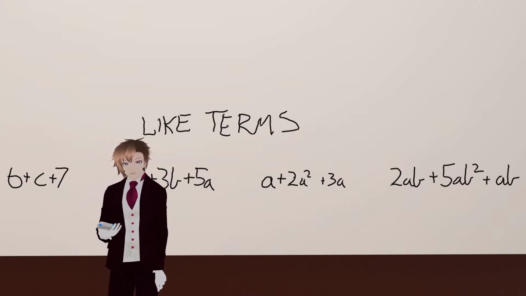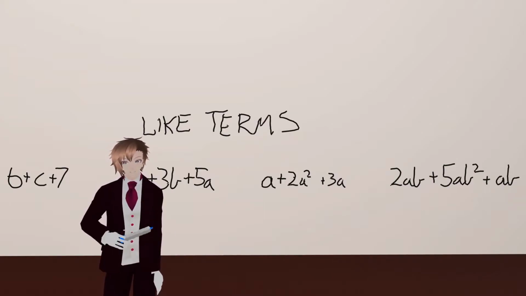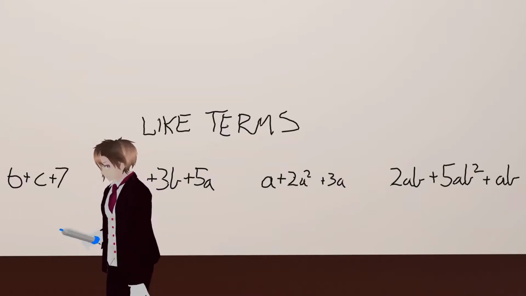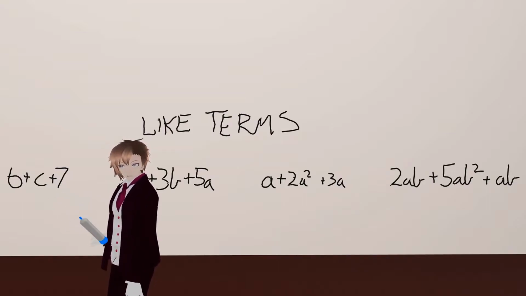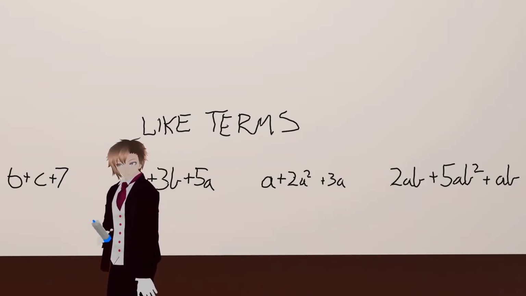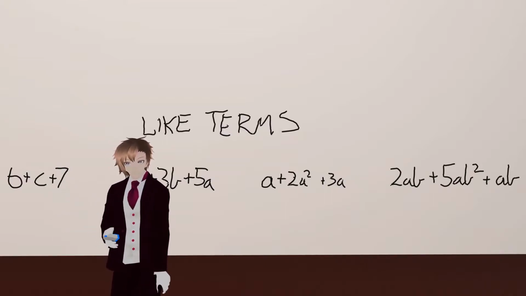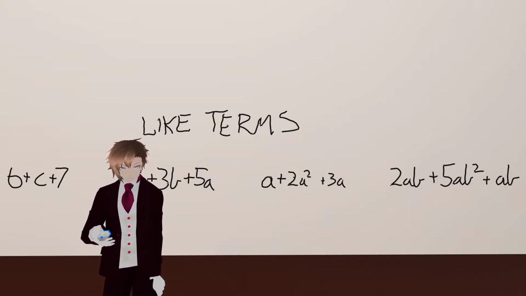When you're looking for like terms, you need to look at the letters, the pronumerals, and see which letters have the same pronumerals. Now this first one is a bit of a trick question. We have a 6, we have a C, and we have a 7. 6 and 7 are both like terms because they don't have a pronumeral, so they are the same.